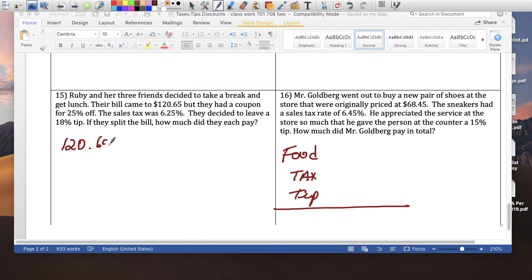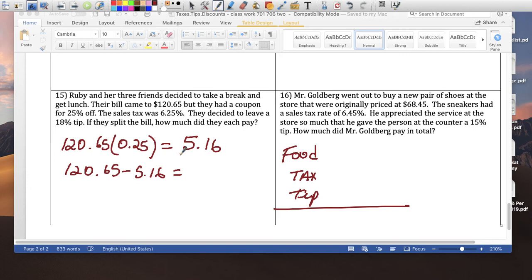So 120.65 multiplied by 0.25, which is the discount. I'm going to find what the discount price is. 120.65 times 0.25 equals $5.16, which I have to now subtract because it's a discount, minus 5.16, so that's the amount of the discount.